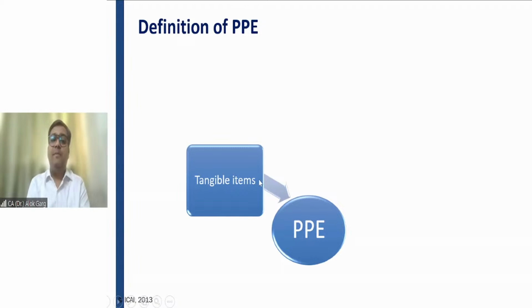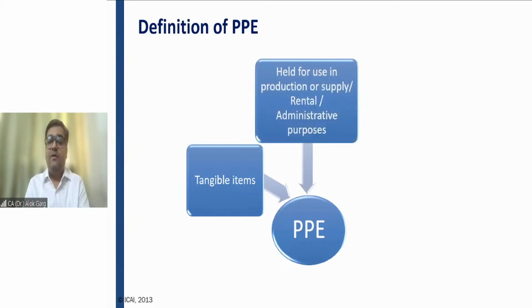So what is PPE? A tangible item which is held for use. Use where? Either in production, like machinery. Machinery is used in production. Or supply of goods, like truck, delivery van, right?